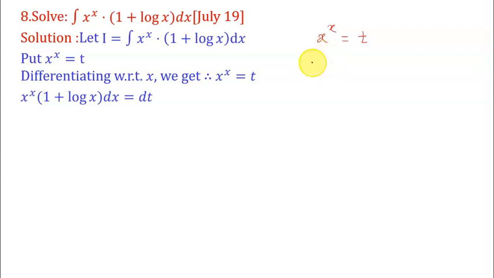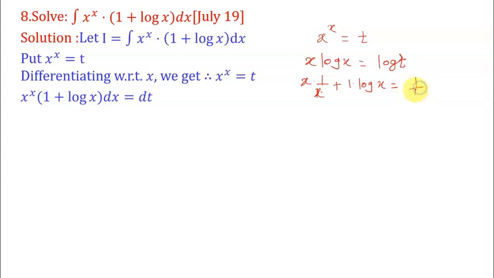If you take log on both sides, that is x log x equals log of t. Now we differentiate this with respect to x. The derivative of x is 1, that is 1 into log of x, plus x into the derivative of log x, which is 1 upon x.